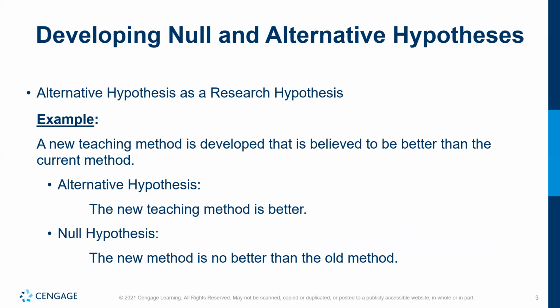So the alternative hypothesis would be that the new teaching method is better, and the null would be that it's not any better. That's why they sometimes call it the research hypothesis. We always use the null as the status quo. The thing hasn't changed. So if I think something has changed, I'll say the null is that it hasn't changed, and the alternative is that it has.